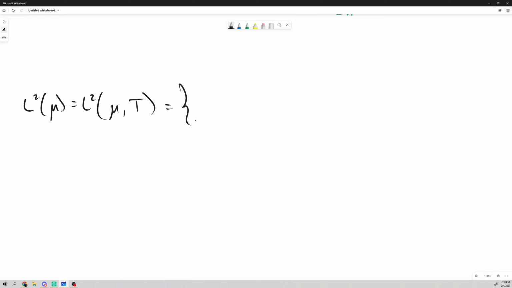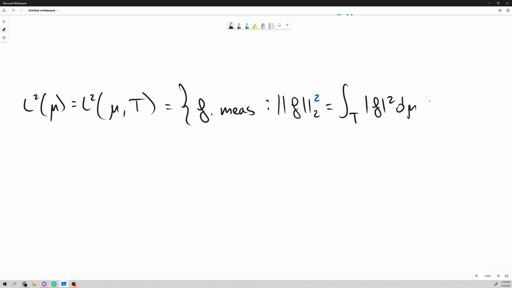And that's just going to be the set of all f measurable, complex valued functions whose inputs are on the torus or unit circle, that are square integrable. So the 2-norm of f squared, this is an exponent here, not superscript notation, just so we can remove the square root, the integral over the torus with respect to mu, is less than infinity.